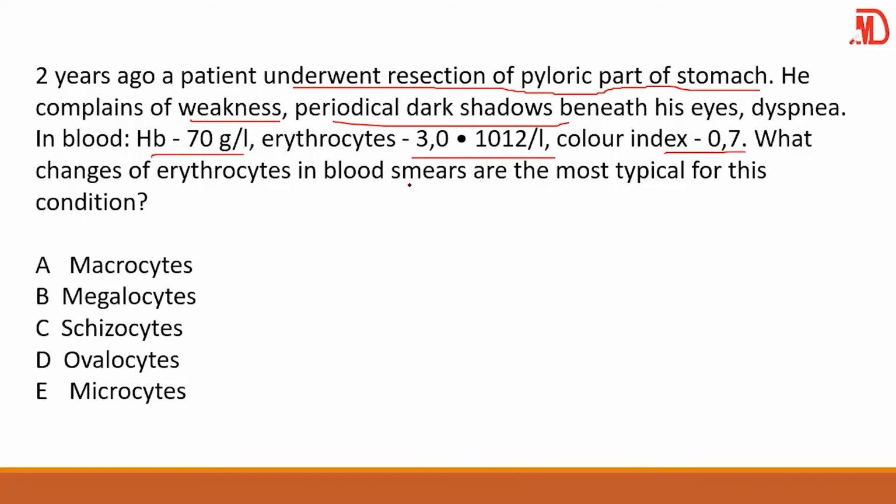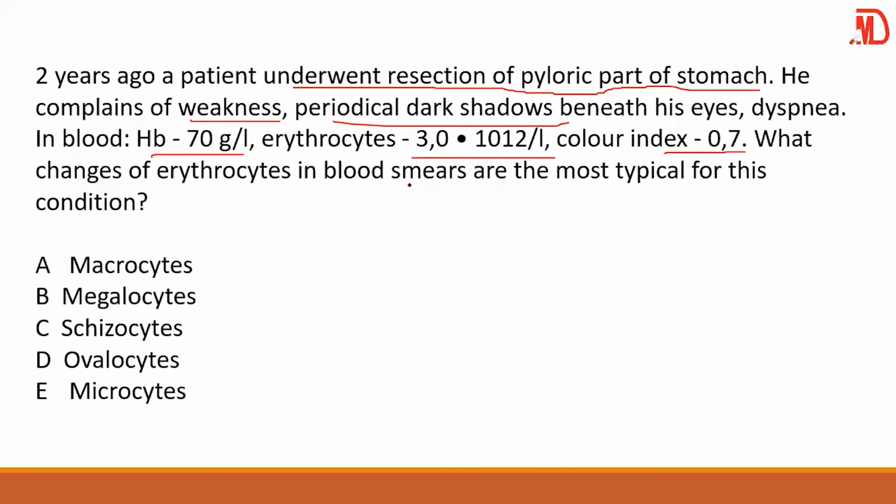Now, again, don't forget that resection of the pyloric part of the stomach will lead to a decrease in gastric acid levels. And aside from that, we also said that intrinsic factors are present in the stomach.